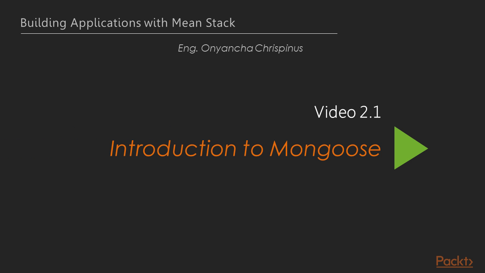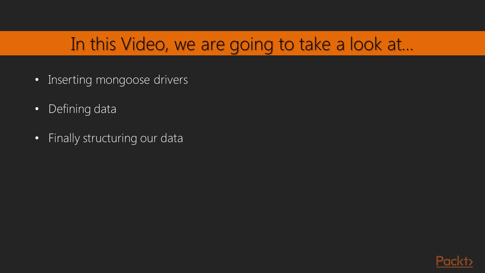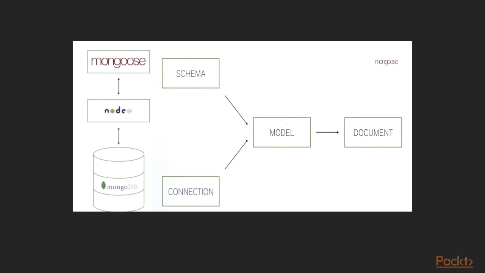With this, you're going to also understand the ODM, that is the object document mapper, that we shall be using with our Node.js. We shall be using this to connect to our MongoDB and also force persistence. Mongoose consists of 4 parts: the schema, the connection, the model, and the document.